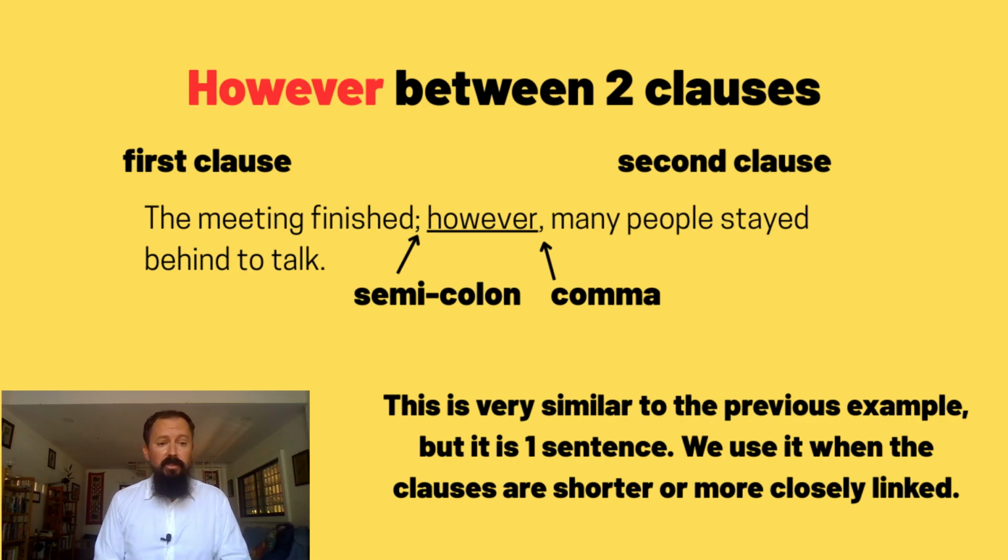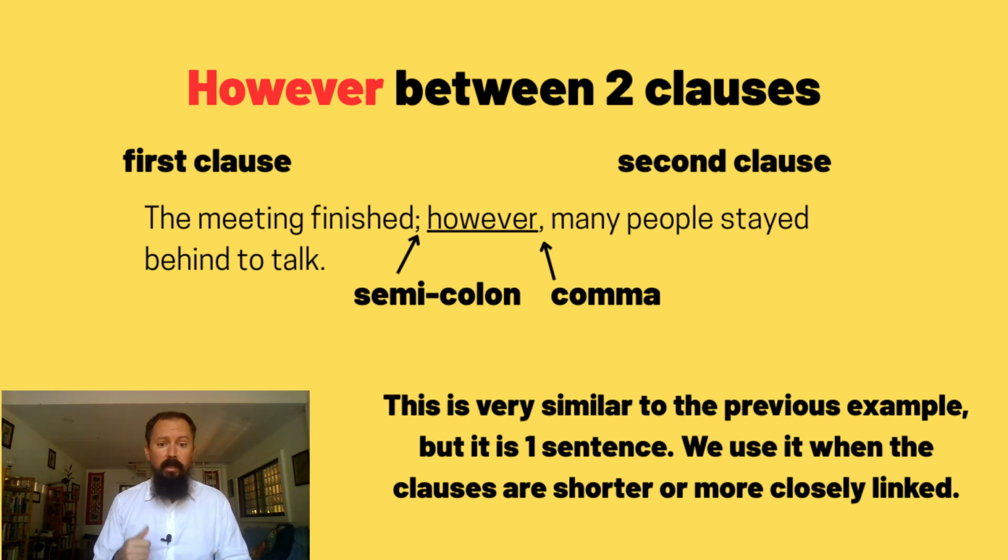The meaning is actually basically the same. And in this case, having 2 sentences or 1 sentence, they're both correct. The difference is essentially that when we make them into 1 sentence, the ideas are considered more closely related, and usually the sentences or clauses are shorter.